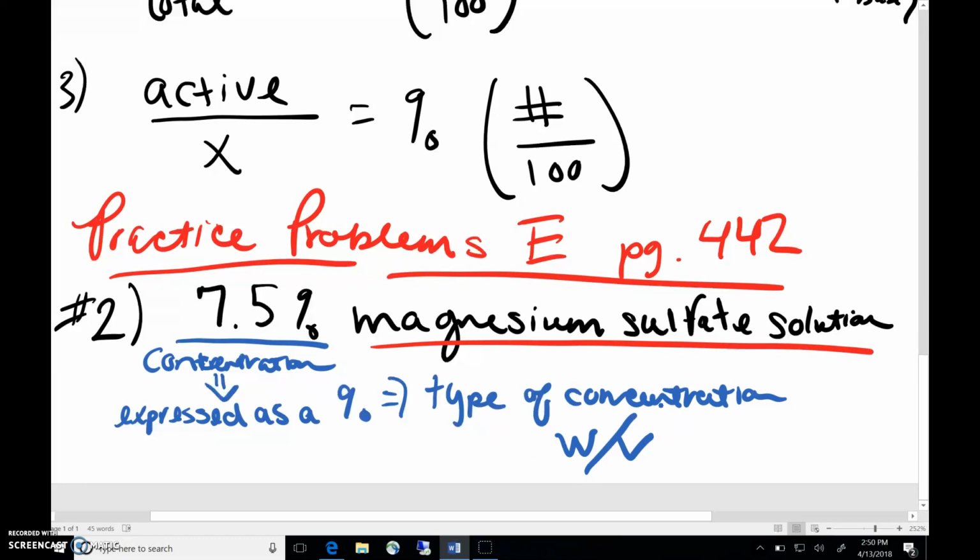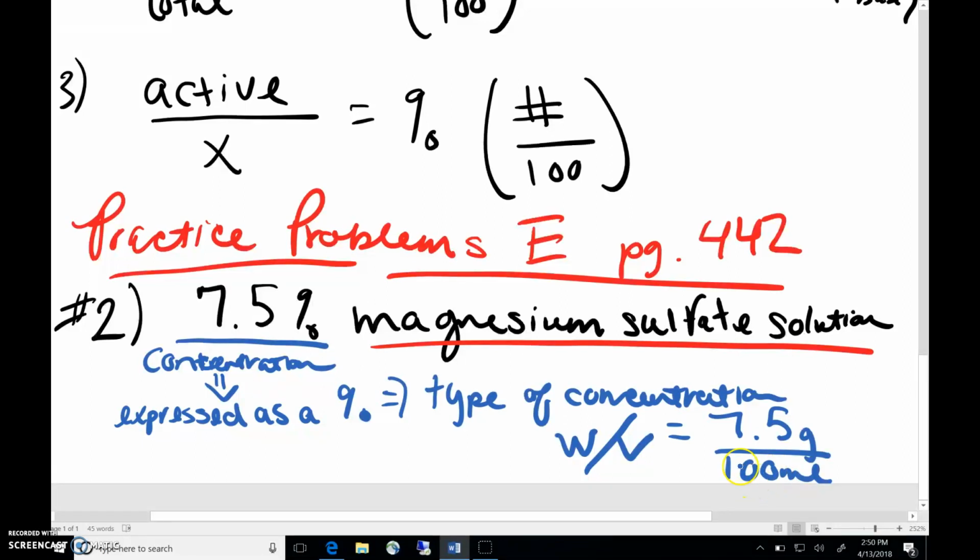Because I know it's weight to volume, I'm going to rewrite this percentage concentration as a weight to volume fraction. And it will be rewritten as 7.5 grams to what? 100 milliliters. Where does the 7.5 come from? Because it's 7.5%.